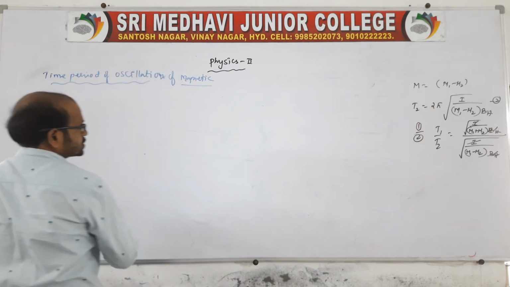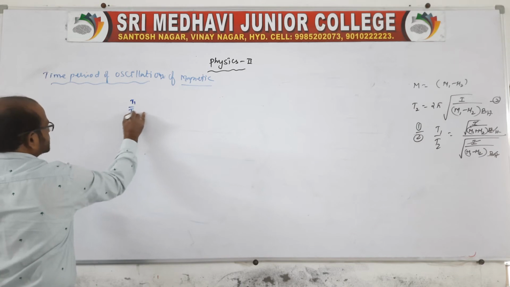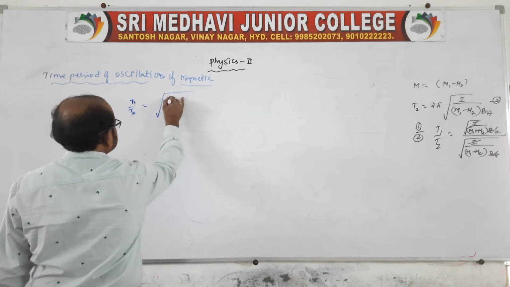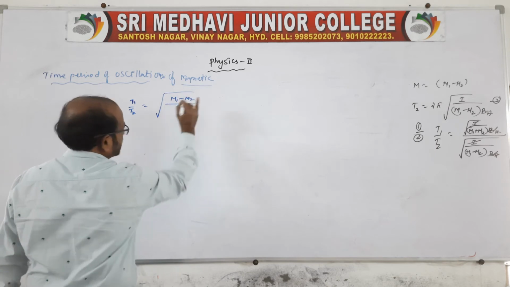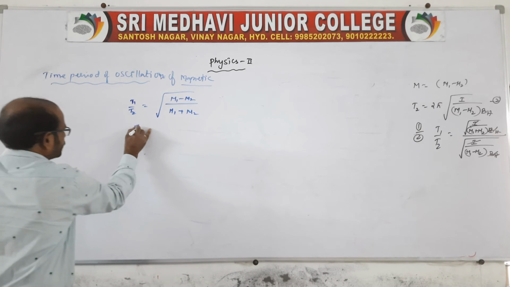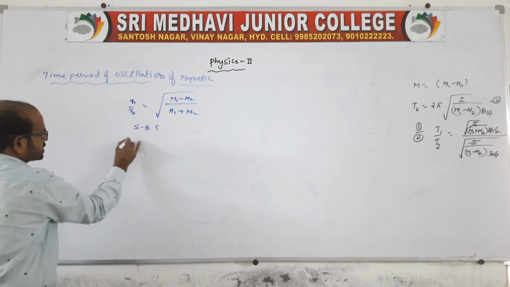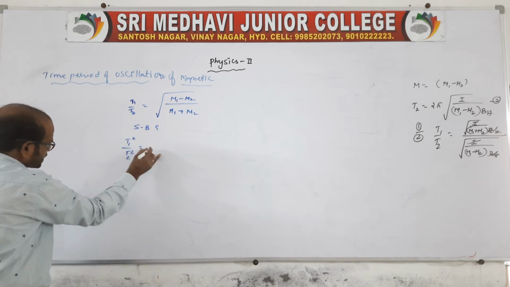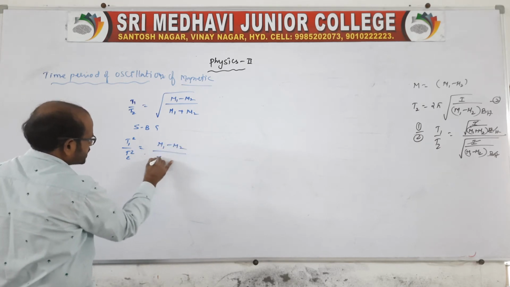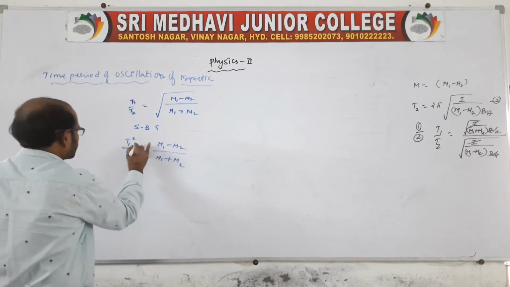So T1/T2 is equal to √((M1 − M2)/(M1 + M2)), like this. Now take squaring on both sides. T1²/T2² is equal to (M1 − M2)/(M1 + M2). Now cross multiply.